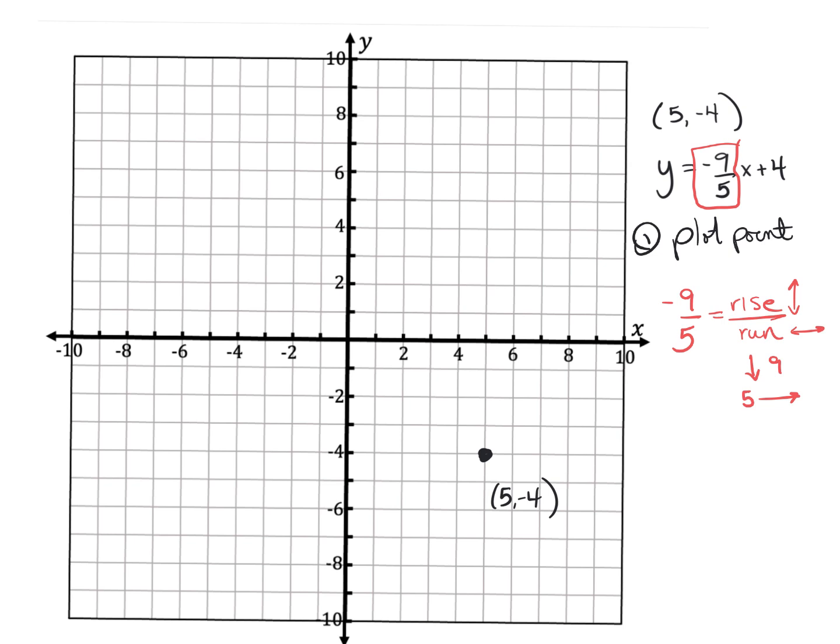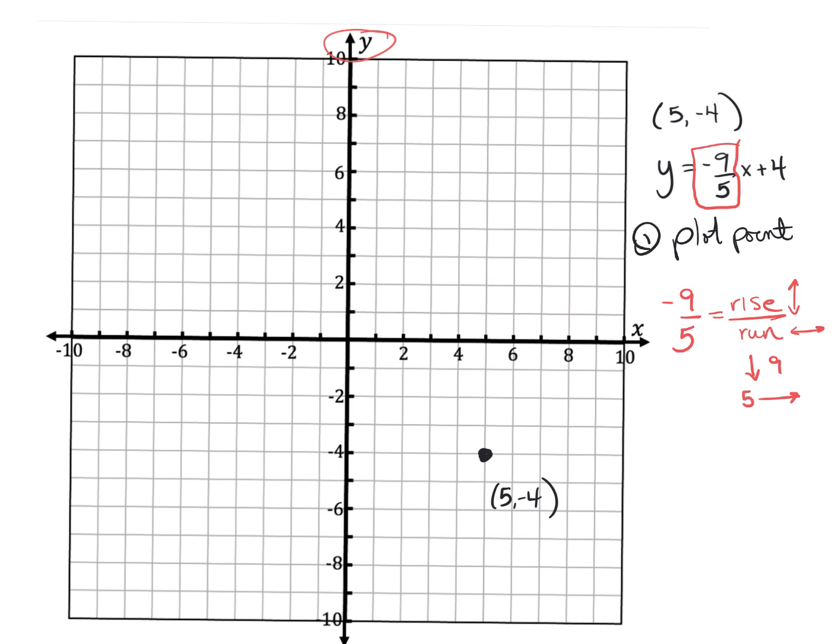But if you notice from my point, if I count down 9 and then to the right, I'm moving farther away from my y-axis. So counting that way isn't going to get me the answer that I need.